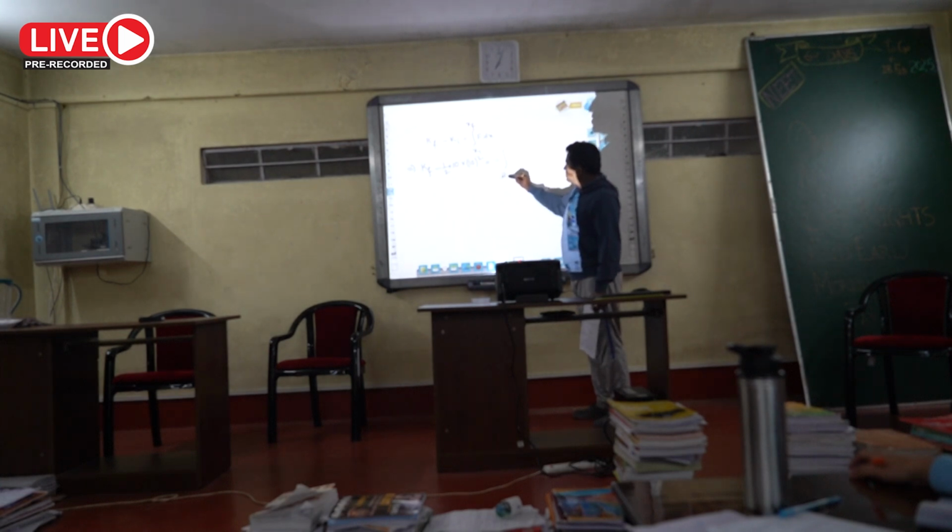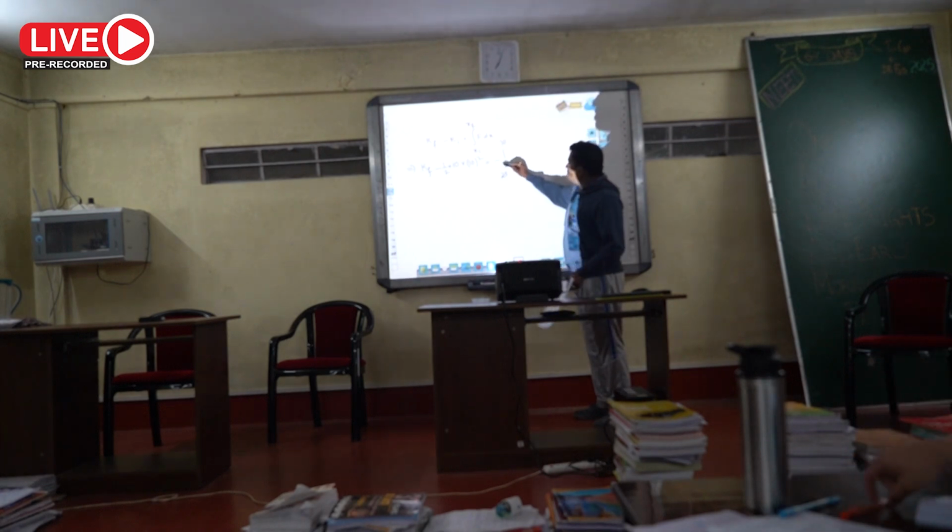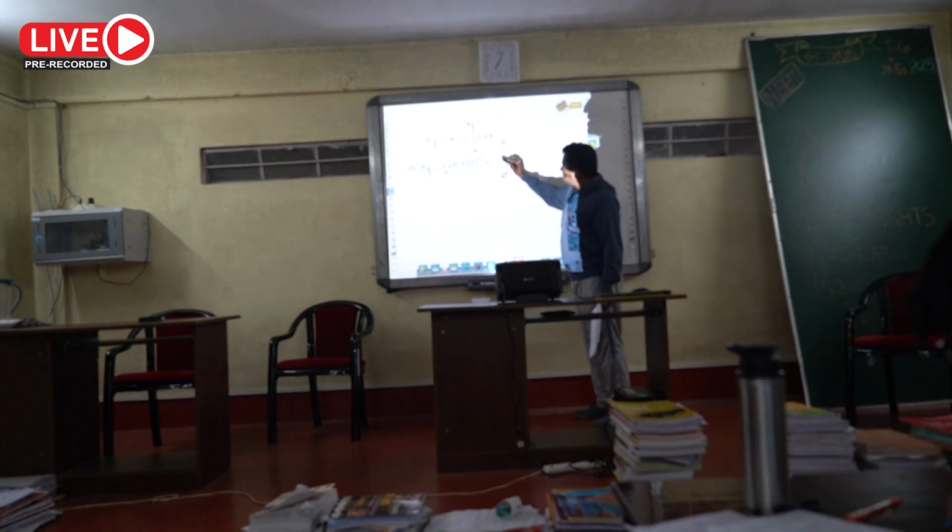Integral 20 to 30, that constant is 0.1, so it will be minus.